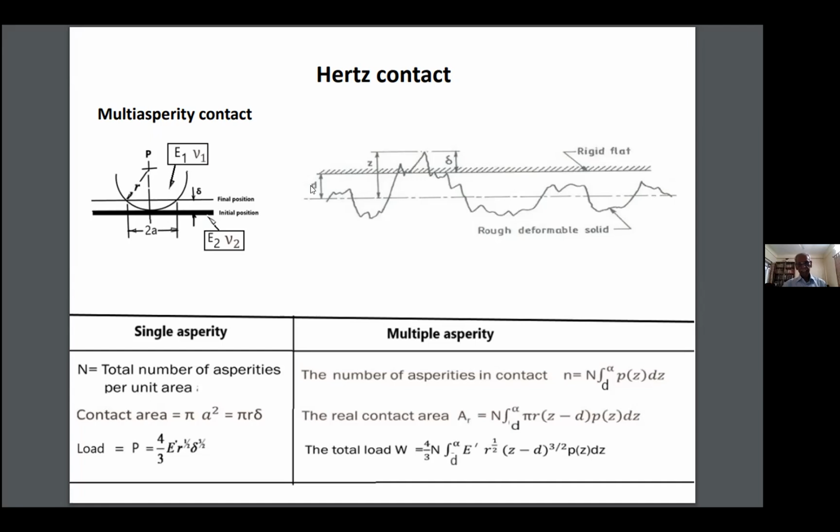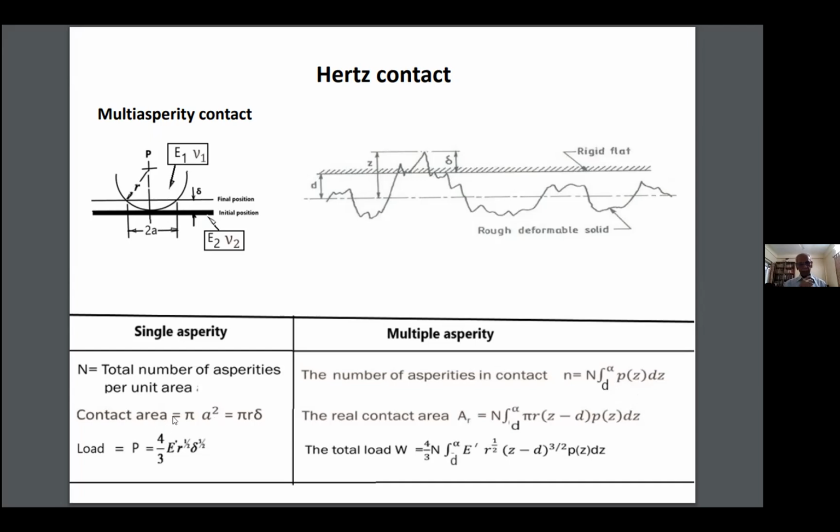But D is a difficult parameter to measure, because as it is going down, it's a variable that is difficult to measure. So we'll keep it at this point with the D to infinity, and we'll see later how to get rid of this. Now let's come to the area of contact.